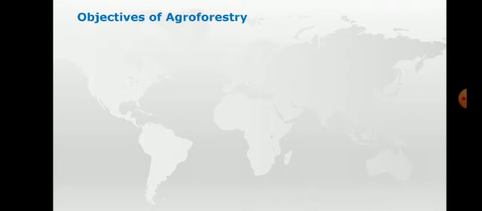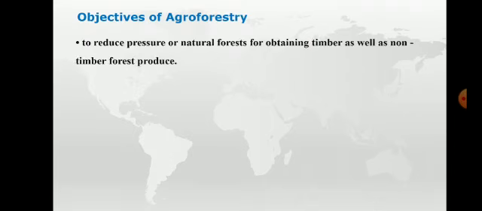So next we'll see objectives of agroforestry. To reduce pressure on natural forest for obtaining timber as well as non-timber forest products. So why is agroforestry encouraged? Because it reduces pressure on natural forest for obtaining timber.